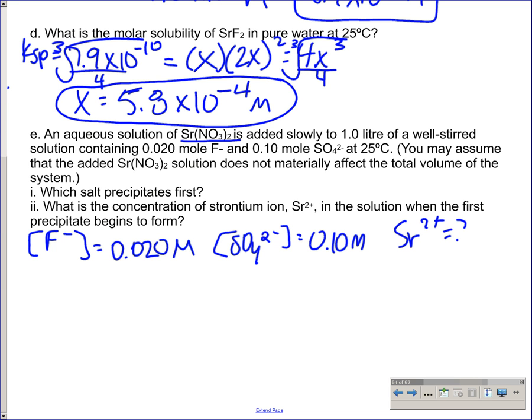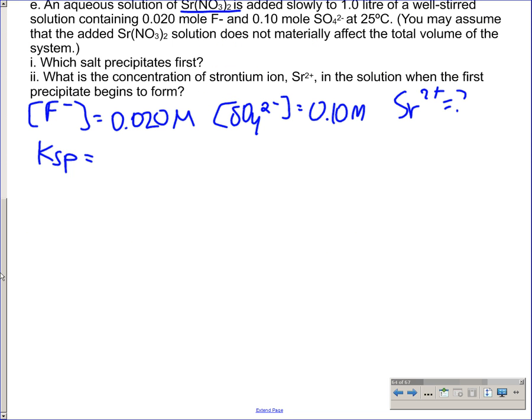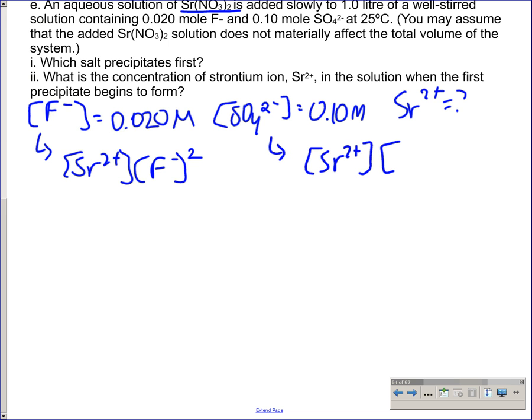You know the Ksp value. You know the expression is Sr2+ times F minus squared for this one. And you know the expression for this one is Sr2+ times sulfate. What do you think we should do? What do you want to solve for?